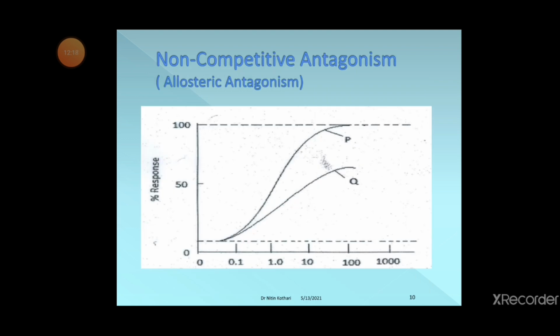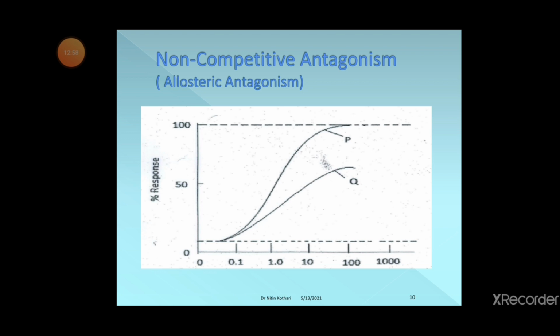This is the curve showing non-competitive antagonism. This is also called allosteric antagonism because antagonists bind to a site that is different from the agonist site, and this site is called the allosteric site. We again have two curves here, P and Q. P curve is when the agonist is given alone, and Q curve is obtained when the agonist is given along with non-competitive antagonist.